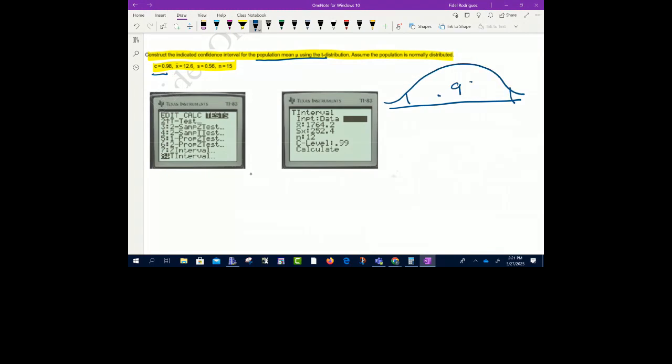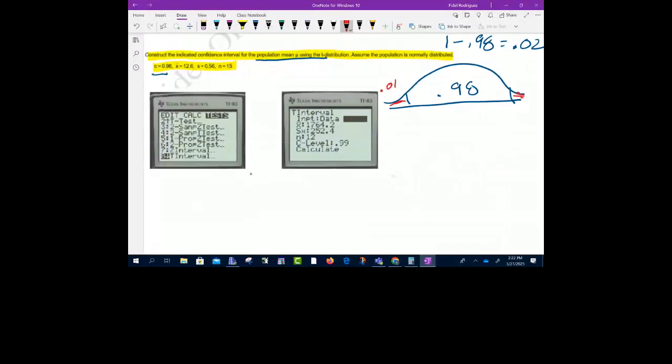The area in the middle is 0.98. So if we go 1 minus 0.98, we should have 0.02 left to go in each of those spots. So wouldn't this spot here be 0.01, because we got to divide it in half? So each of them goes into those spots, right?